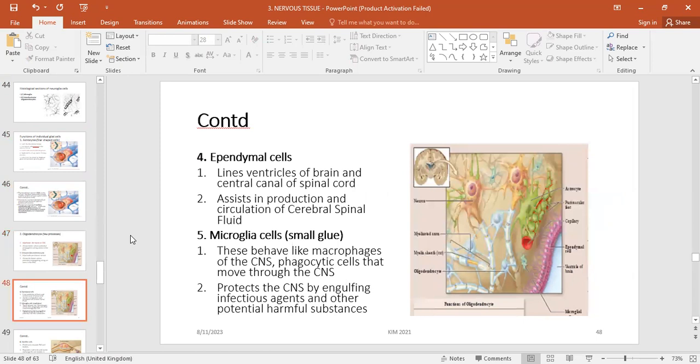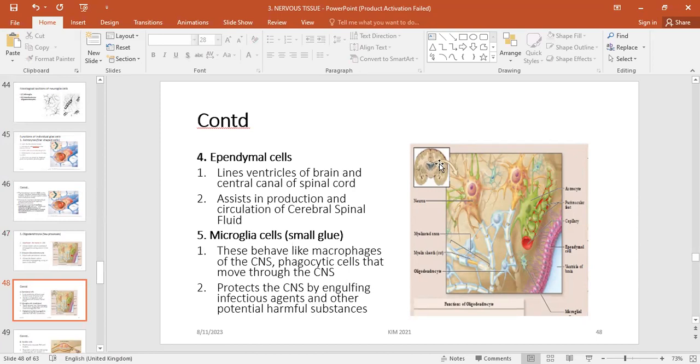What about ependymal cells? Ependymal cells are cells that line the ventricles. Now, in the brain, we have small cavities. There in blue, we call those ventricles, cerebral ventricles. There are 4 in total. The third and fourth are not shown.